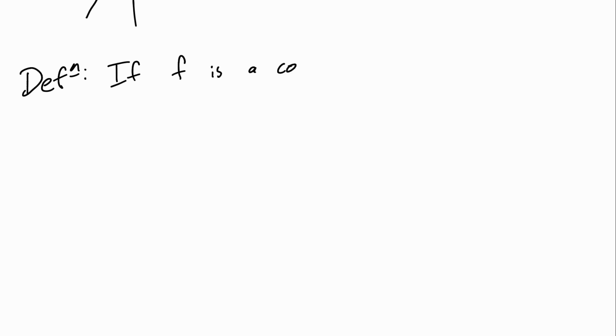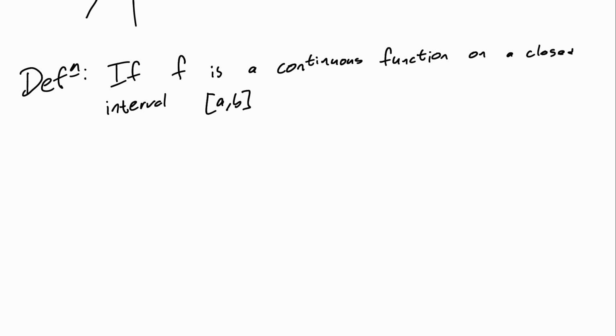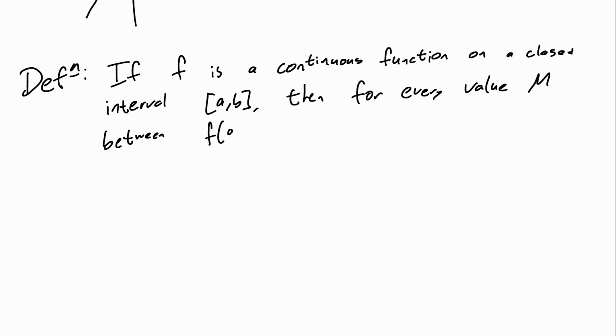If f is a continuous function on a closed interval AB, so it's continuous on this closed interval, then for every value m between f of a and f of b, there exists a c in the closed interval from a to b.